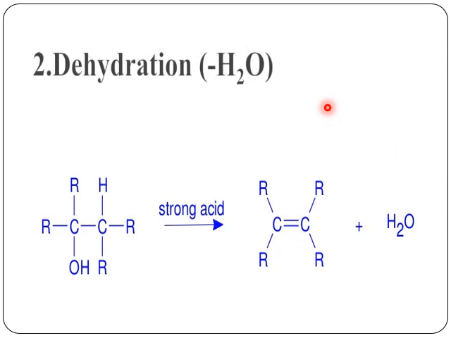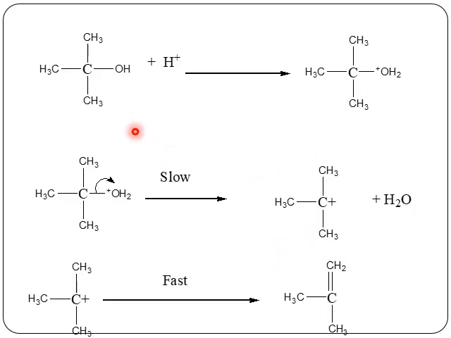The second reaction is dehydration. Dehydration is the removal of water. This normally occurs in the presence of strong acids like H2SO4, and we get a double bond between two carbons and water. This can be accomplished in three steps. The first step is the addition of a hydrogen ion to the hydroxyl group, and we get a hydronium ion.